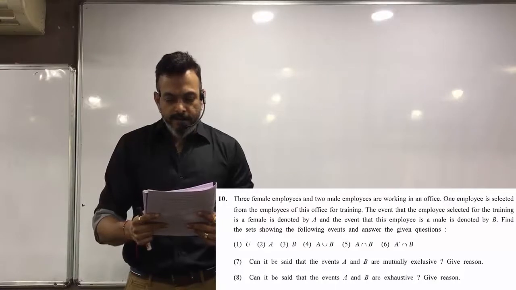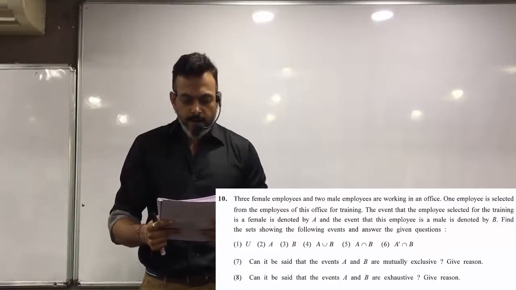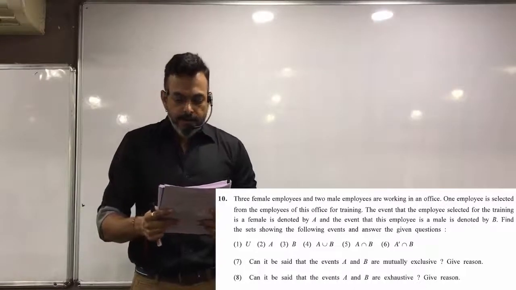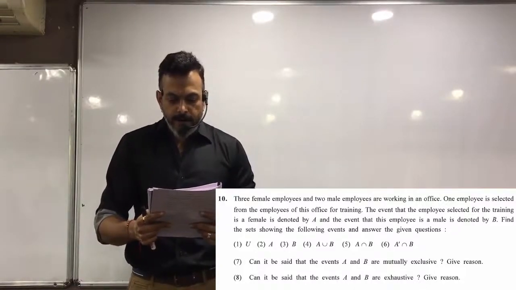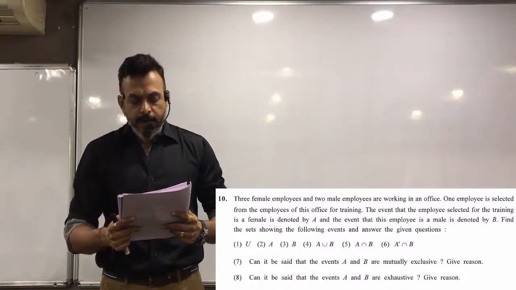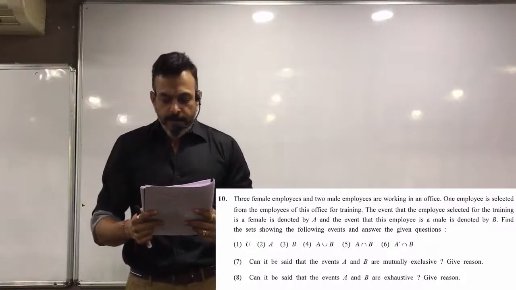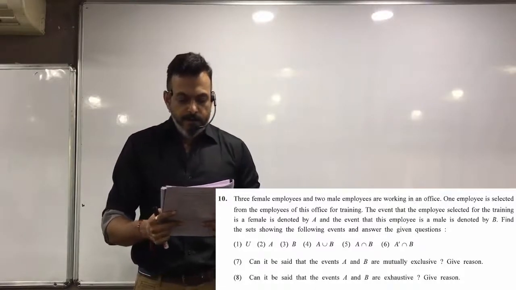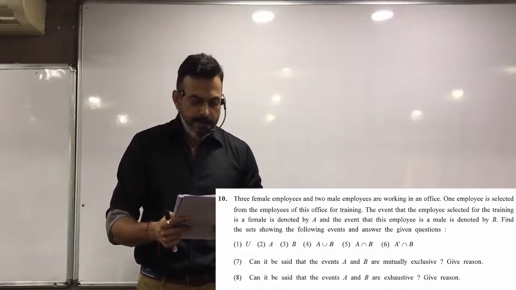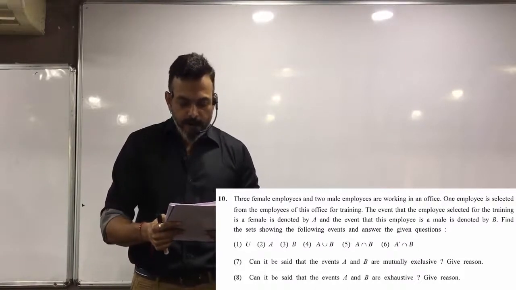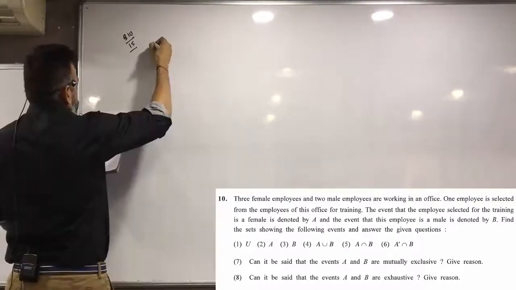One employee is selected from the employees of this office for training. The event that the employee selected for training is a female is denoted by A, and the event that this employee is male is denoted by B. Find the set showing the following events and answer the following question.